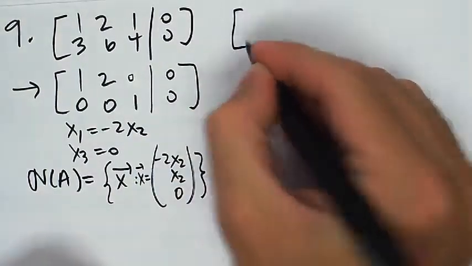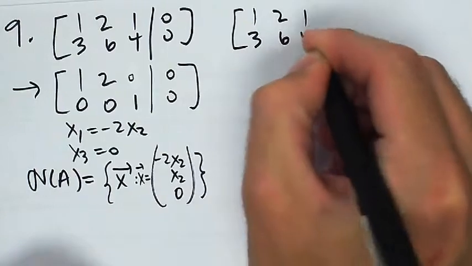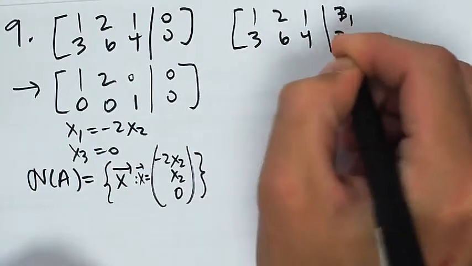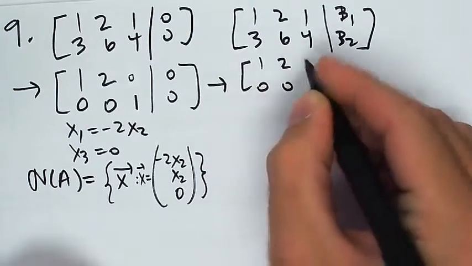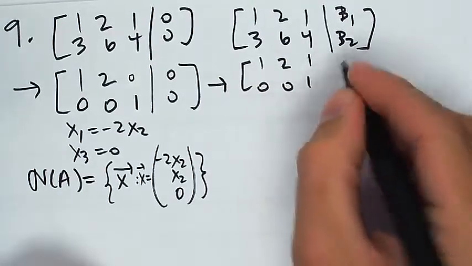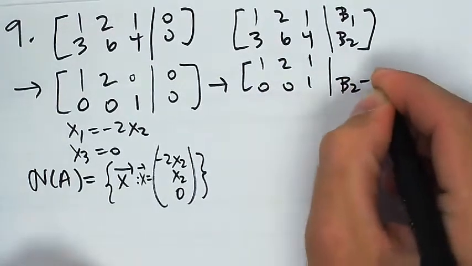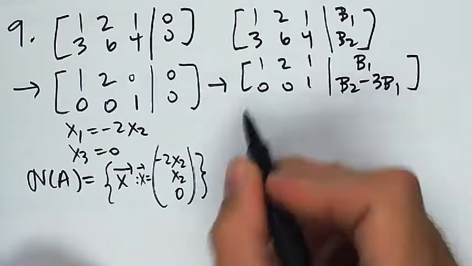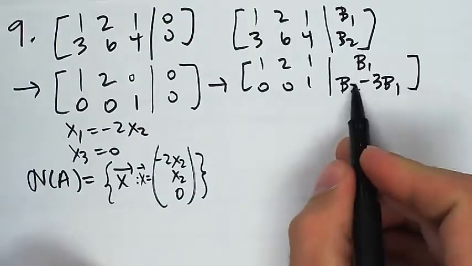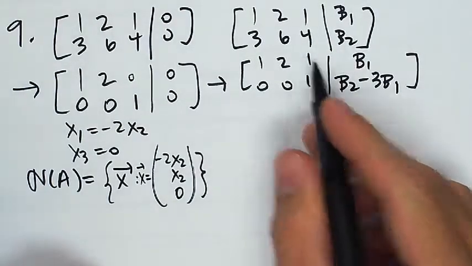Then over here, to get my range, I'd do the same thing. 1, 0, 2, 0, 1, 1. B2 minus 3 B1s. That's how I did the row reduction. And now what I'm going to do is subtract this up there to get rid of that one.